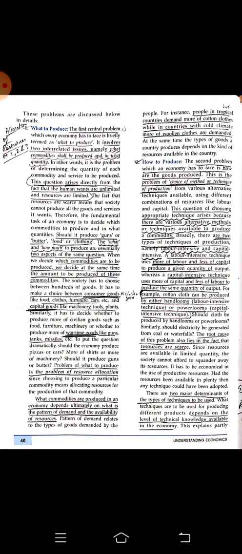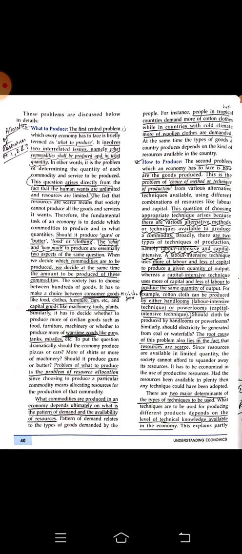It involves two interrelated issues, namely what commodity shall be produced and in how much quantity. The question arises directly from the fact that human wants are unlimited and resources are limited. So it is upon us, as not only natural resources, all the resources are limited.